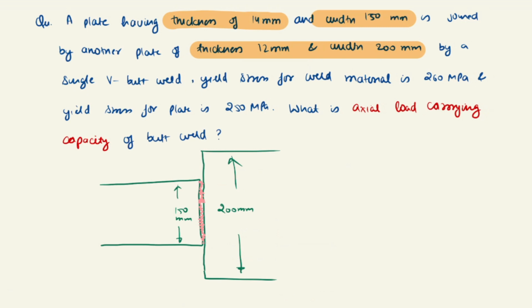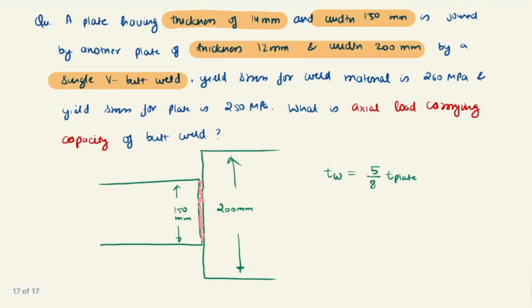our hint in the question is this: we are using a single V butt weld. So we know that the penetration is going to be partial, and for the partial penetration, the thickness of weld is taken as 5/8 T, where T is the thickness of plate. And by the thickness of plate, T means thickness of thinner plate.